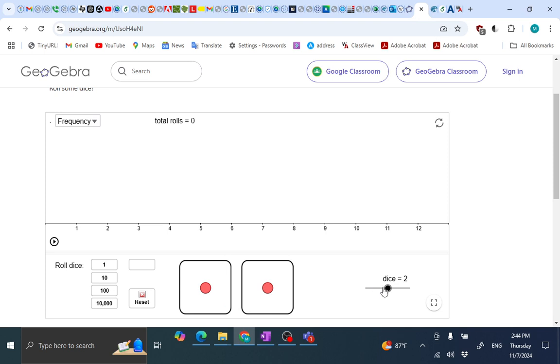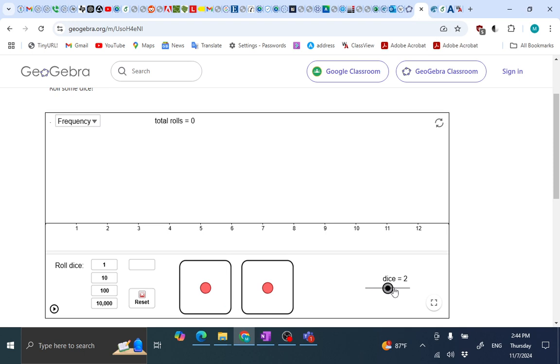This one allows you to play with 3 dice. These can be as low as 1, as high as 6. So the sum of all 3 of them is going to be as high as 18 and as low as 3.